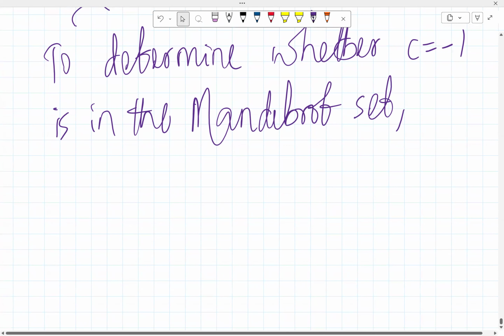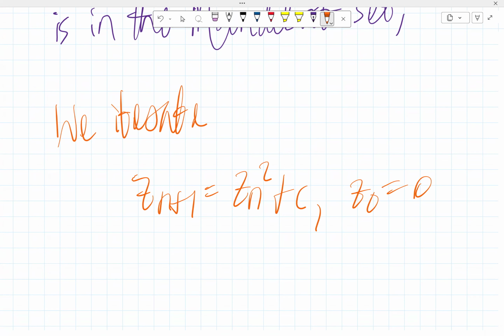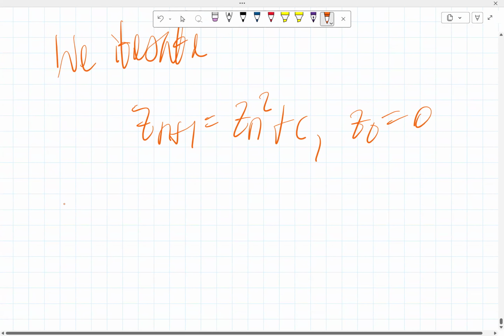So what we do is we iterate Zn plus 1 equals Zn squared plus C, starting with Z naught equals 0. C has been given to us to be minus 1. So C equals minus 1.